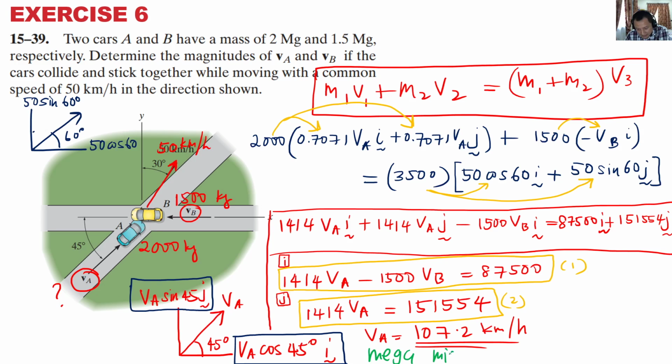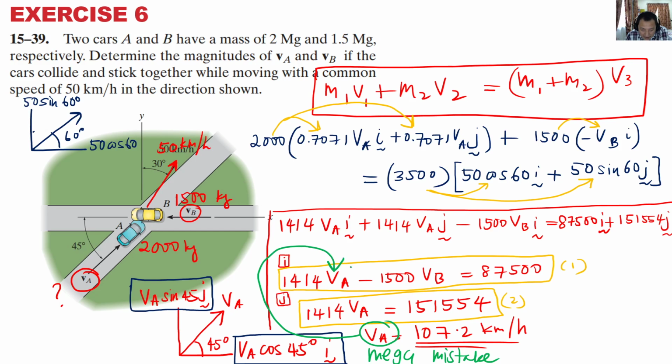Plug in to VA. 14 times 107.2 minus 87,500, divided by 1500, is 42.72. 42.72 divided by 3.6.